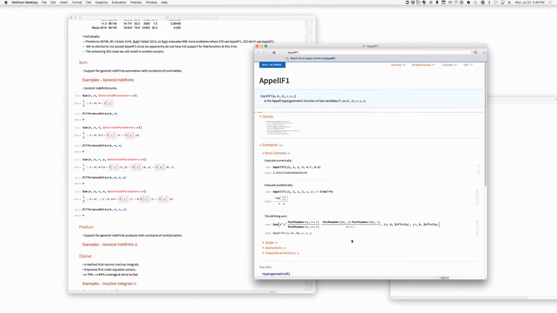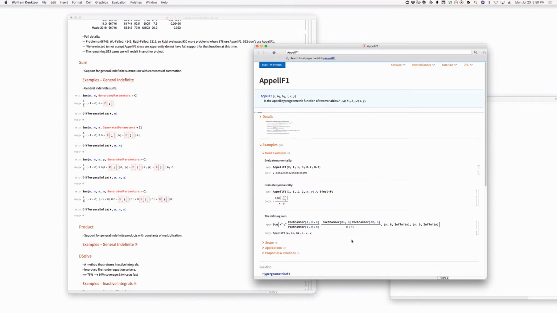You're saying there are things that blow up because there are Pochhammers where integers give you denominator zeros. Right. You might have a relation between the numerator Pochhammers and denominator Pochhammers, and they might miraculously cancel the singularities, or they may not. It's the same story with hypergeometric 1F1 and things like that, but much worse.